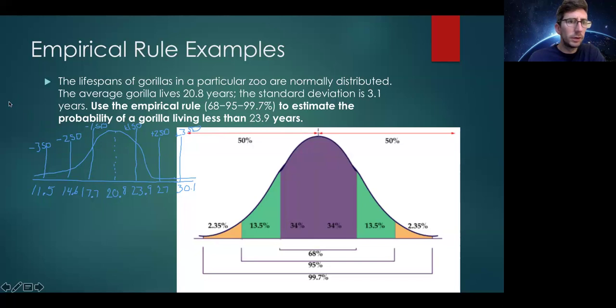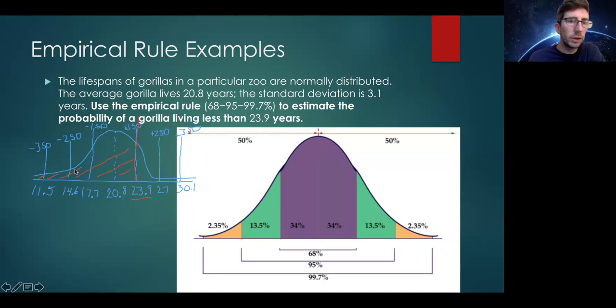Let's see if I can change this color to kind of help. Great. So here's 23.9, right? This is the number we're asked about specifically. Estimate the probability that a single gorilla lives less than 23.9 years. So what we need to find is the area under this normal distribution curve, right?